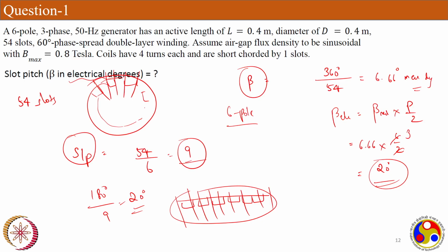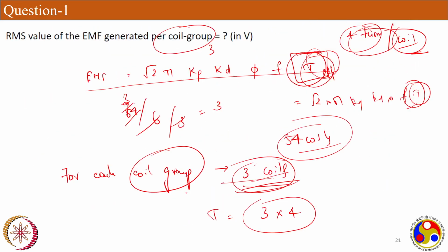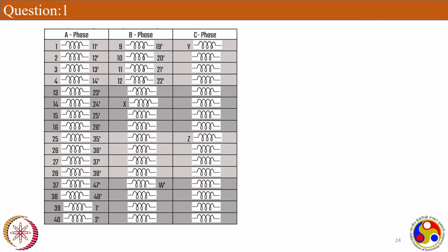The number of coil groups would be, if this is under one pole, this is under another pole, each pole would have one coil group.